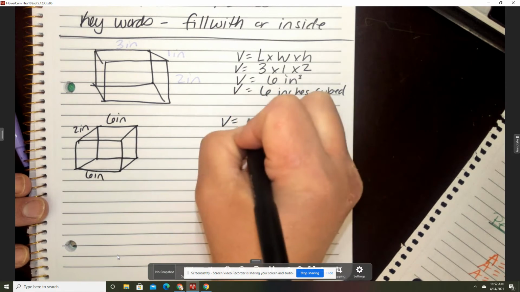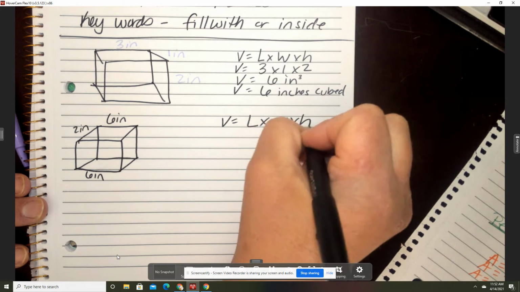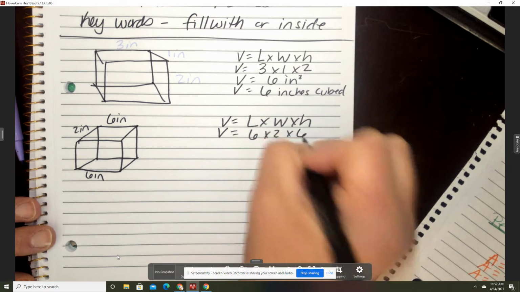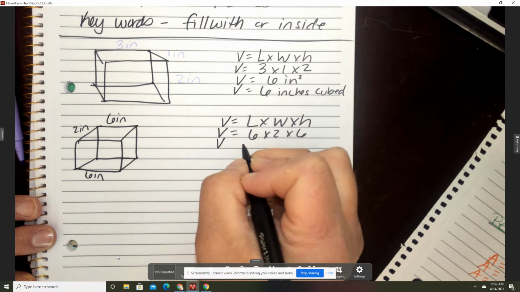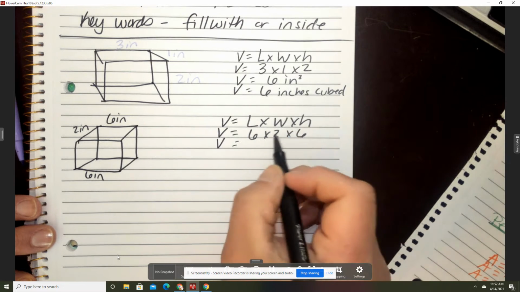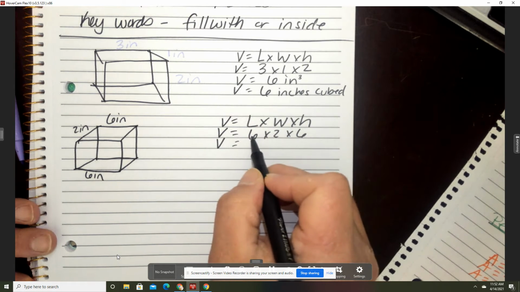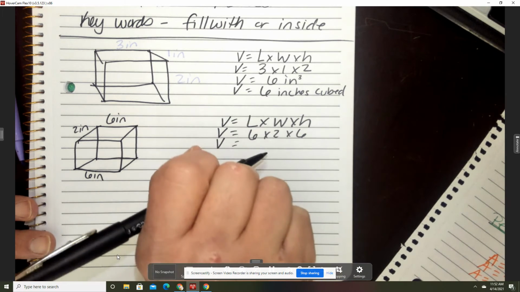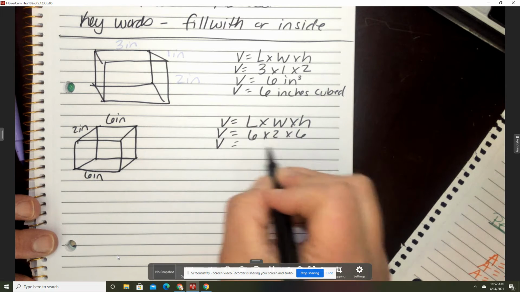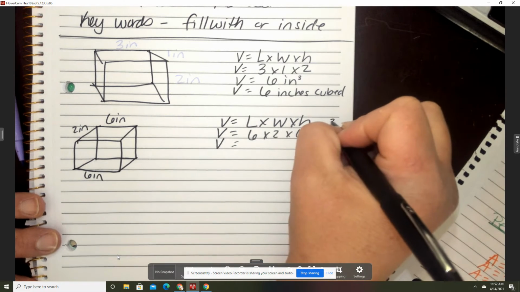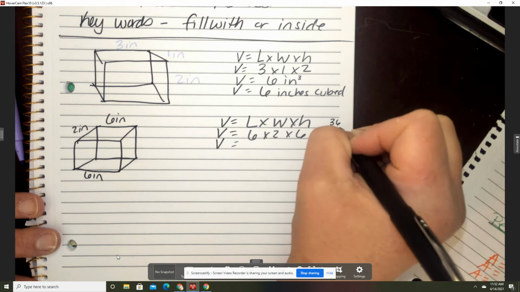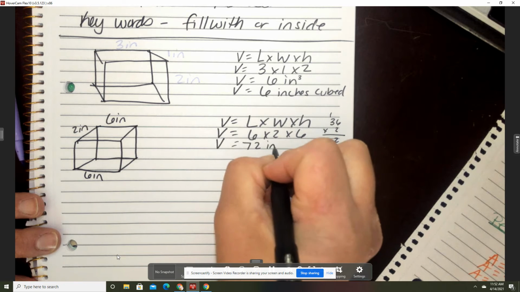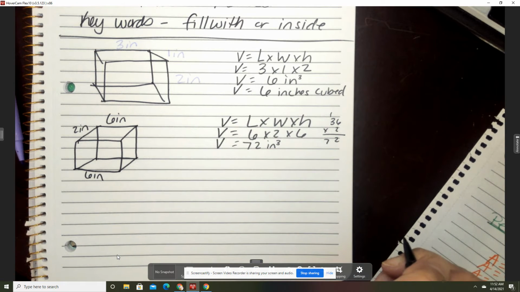So we're going to figure that out with volume, with length times width times height, and then just fill in your measurements. 6 times 2 times 6. And then volume equals. So then you just multiply them. You could say 6 times 2, which is 12, and then 12 times 6, you could do it that way. Or you could do 6 times 6, which is 36, and do times 2. So that would be 72 inches cubed.